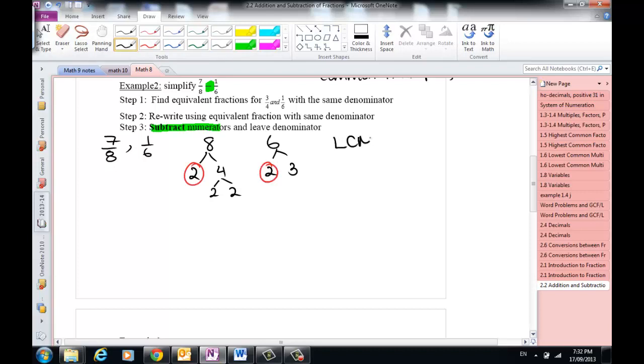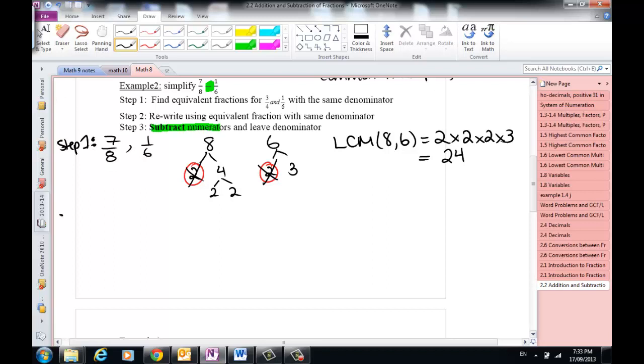So for their lowest common multiple, we only take the pair once, and then we use the leftovers. And in fact, the lowest common multiple is 2 times 2 is 4, 4 times 2 is 8, 8 times 3 is 24. Okay, so now we need to rewrite using equivalent fractions with the same denominator.